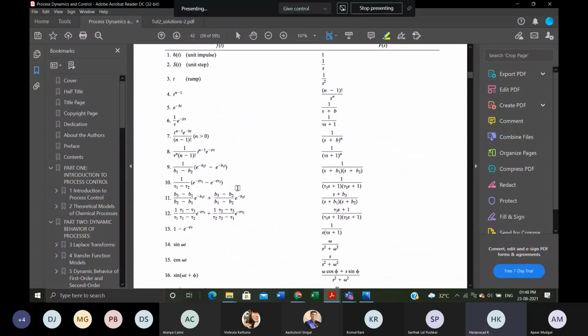So hold on here. What you would really see here are the standard forms. You see that? This s plus a, s plus b, s plus b whole power and so on and so forth. But when you isolate Y(s), what you really see is that it is not in the standard form. It is not there in the table, which essentially means that it's not a very easy job.